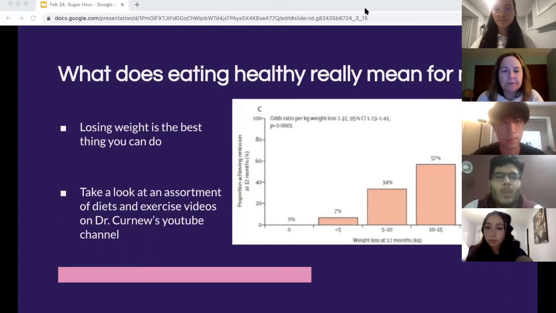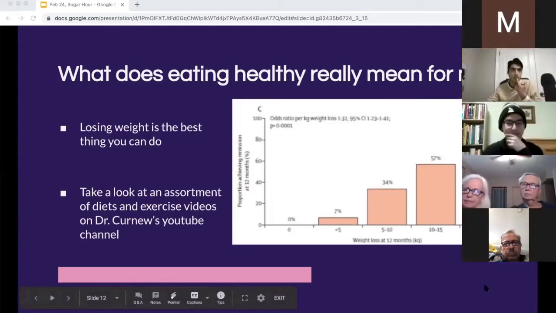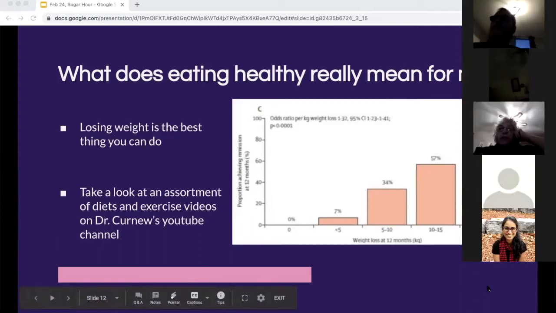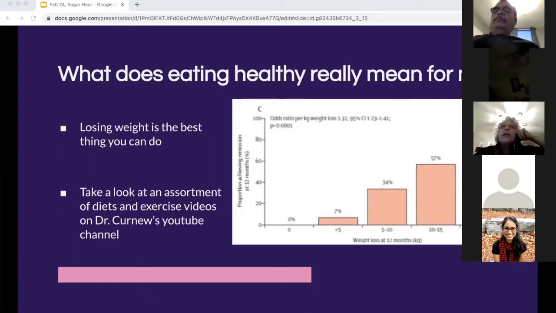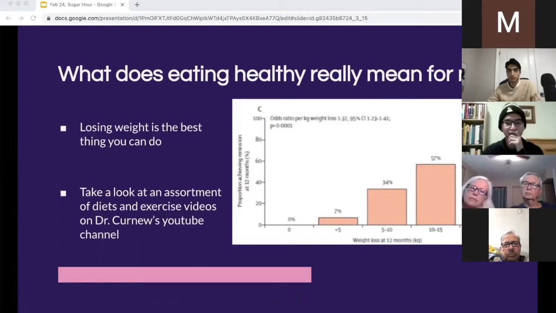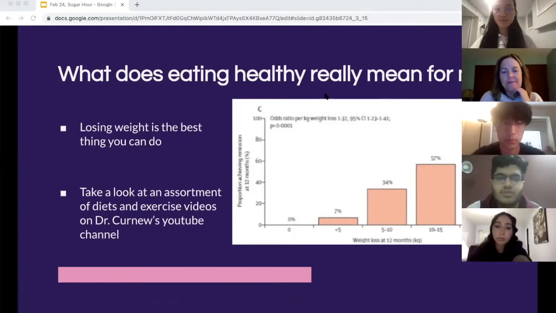So the first question I want to answer is, why should we eat healthy? One of the most obvious reasons, which I kind of gave away, is because losing weight is one of the best things you can do for putting your diabetes into remission. You see a little graph here, taken from a trial called the DIRECT trial.